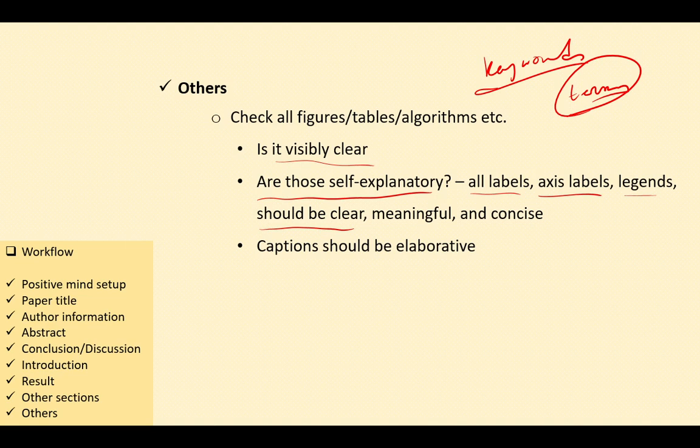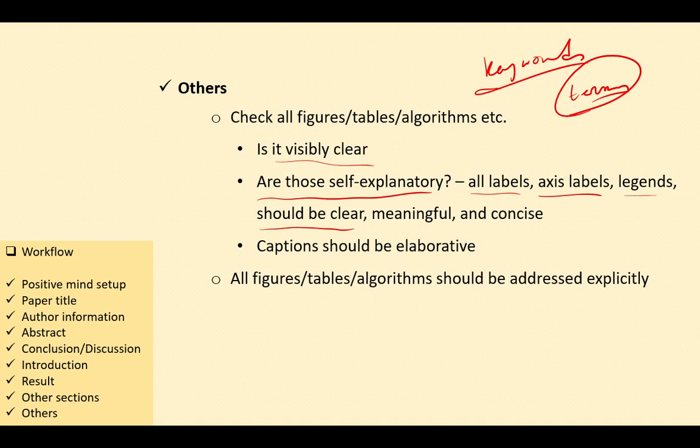Then captions should be elaborative. The captions of the figures, tables, algorithms should be elaborative. Once you read the caption and look at the diagram, you should be able to understand what is going on there. Sometimes the captions are very simple, a few words, and do not explain what is going on in this figure, what it is representing and what the conclusion is.